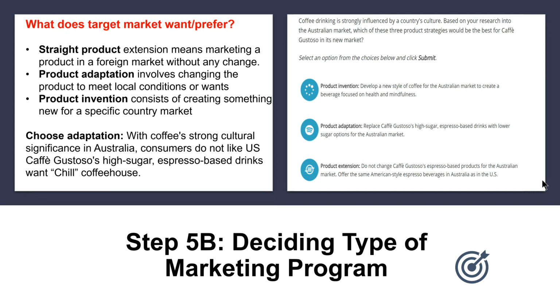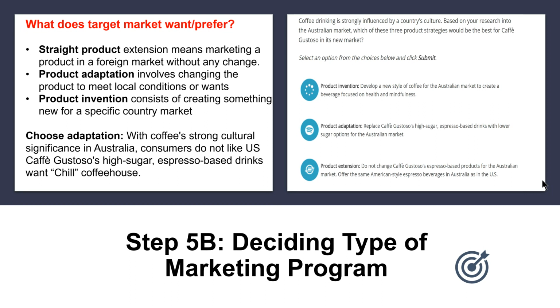All right, well, now that we know that we're going to keep our current strategy and it's going to be entrepreneurial, but keep our strategies in line, what we're going to do is decide what kind of product we're going to have. And again, the first question is, what does a target market want or prefer? In this case, we know that the Australians really don't like the high sugar espresso based drinks.